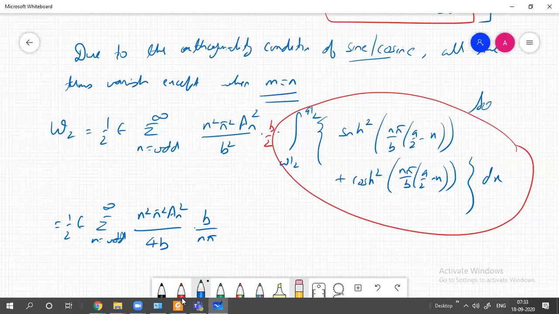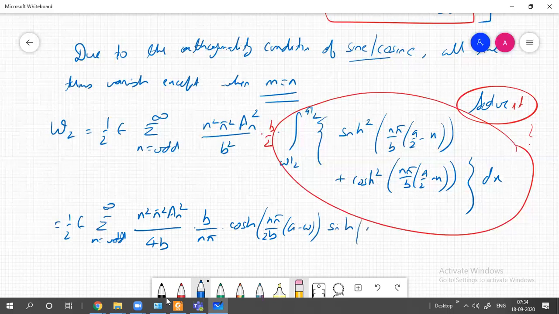Solve it, and this integral will give us b by n pi into cosh of n pi by 2b times (a minus w) sinh of n pi by 2b times (a minus w). So this will be our W2.